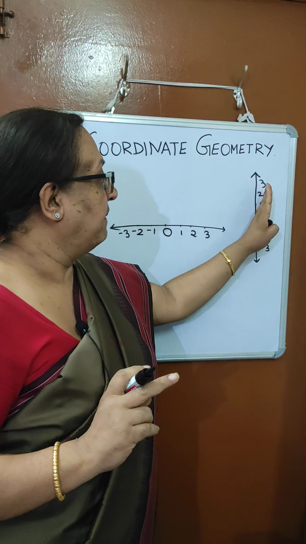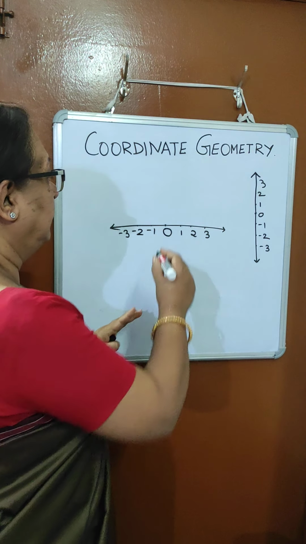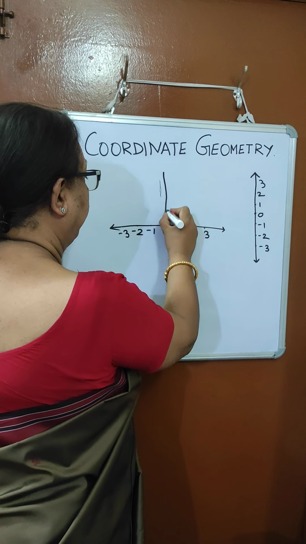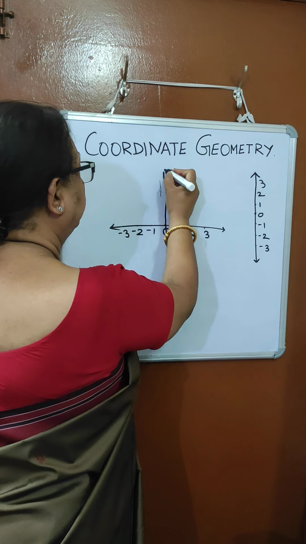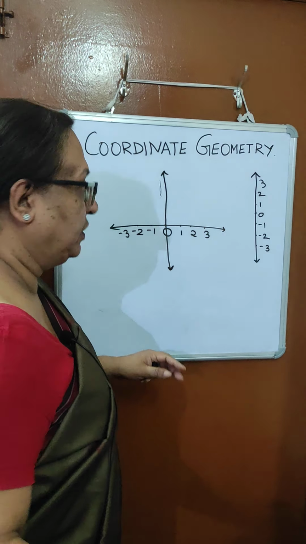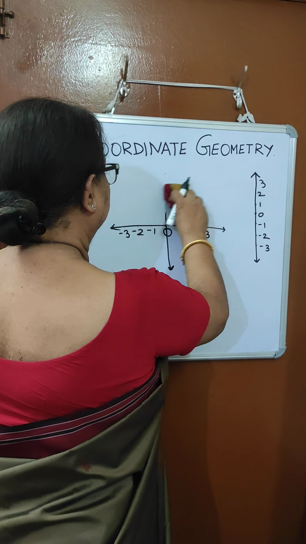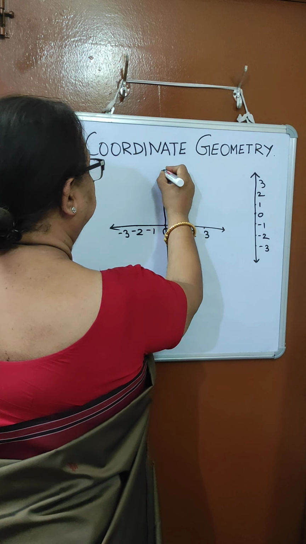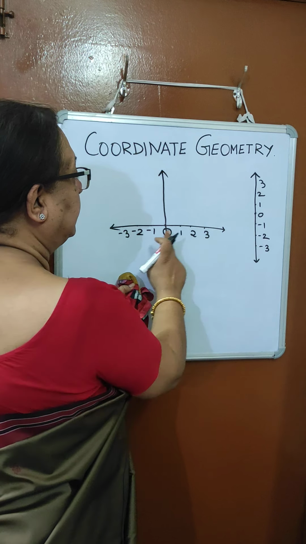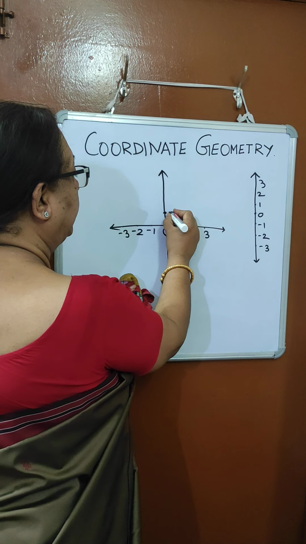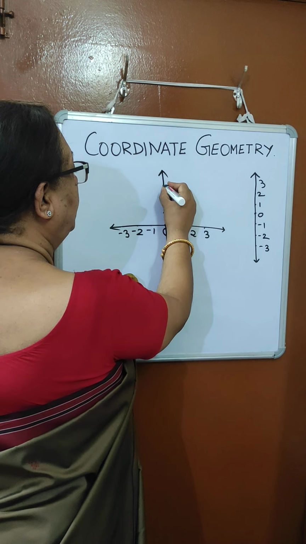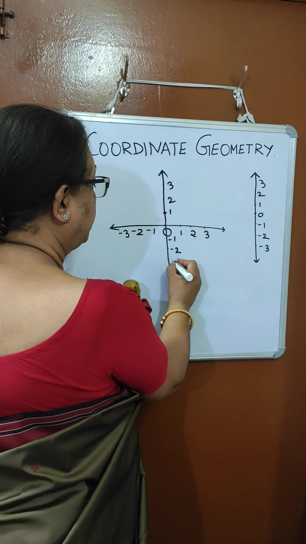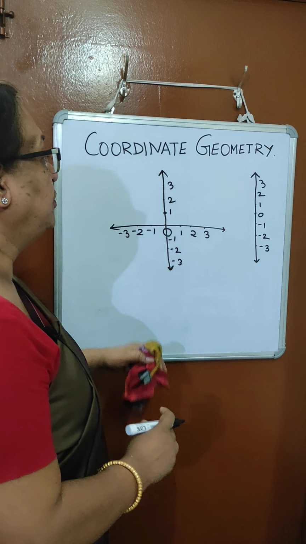Okay, this number line I am shifting here. Children, it should be straight. Such that this 0 is here. So here you have 1, 2, 3, minus 1, minus 2, minus 3, and so on.